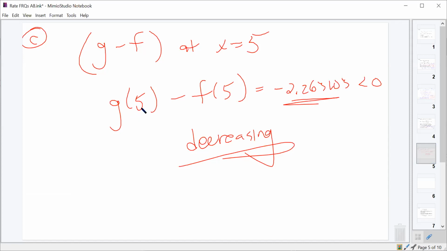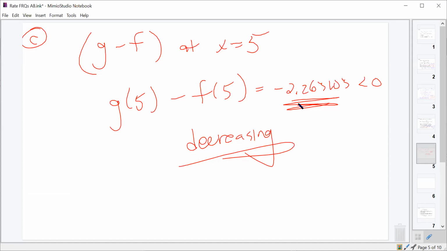So if you said g of 5 is less than f of 5, therefore the rate of change is negative, it's decreasing, or something like that, that's probably good enough. Most likely, you don't have to have this specific value. Is that good or no? Yes, thank you. No problem.